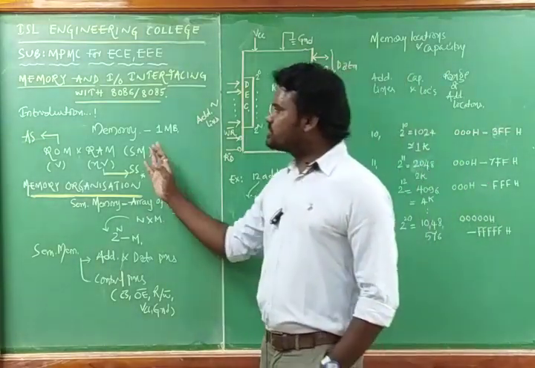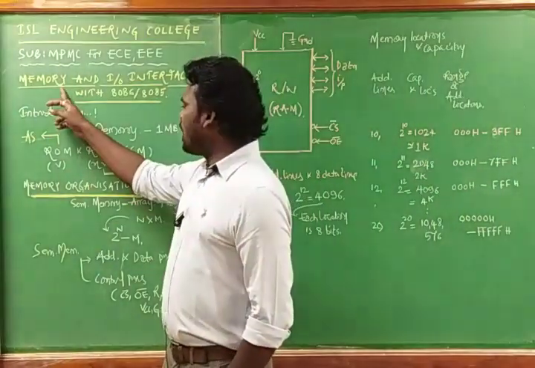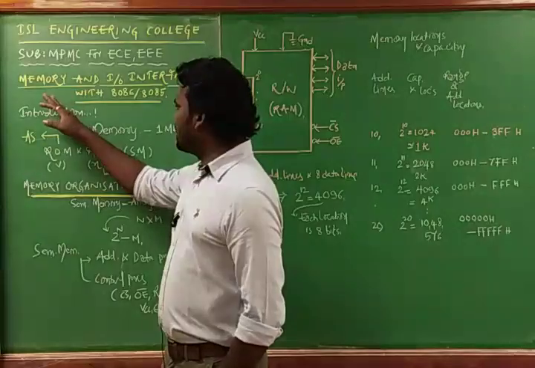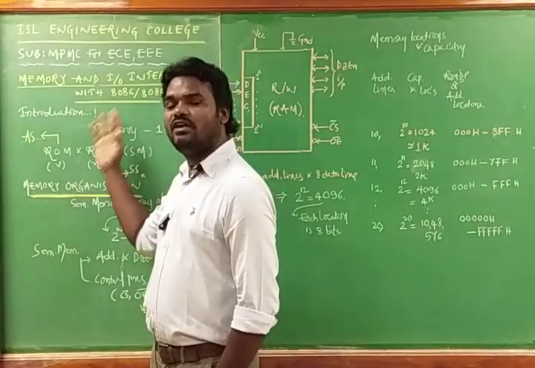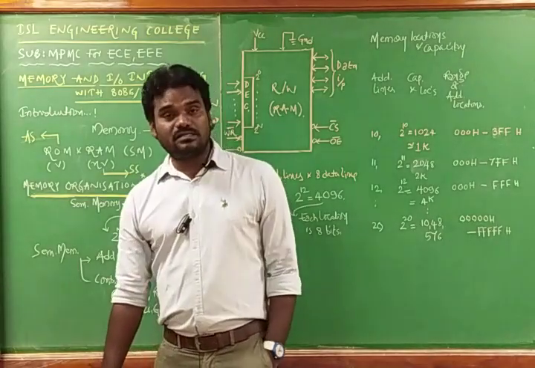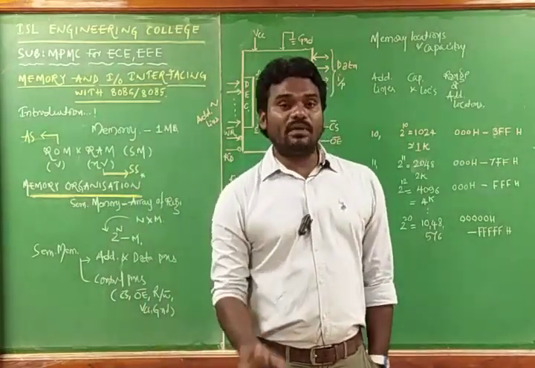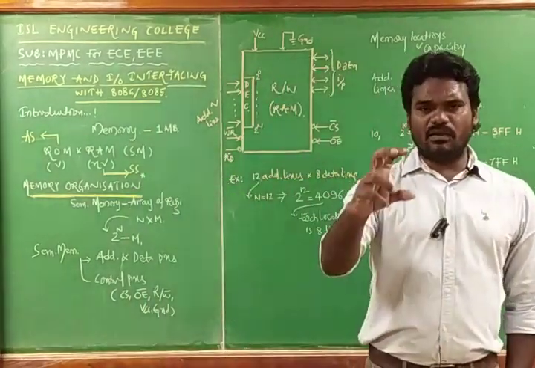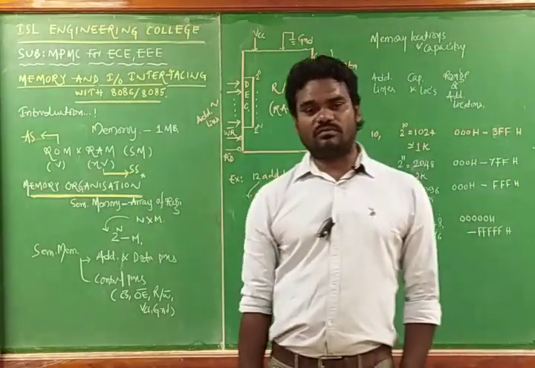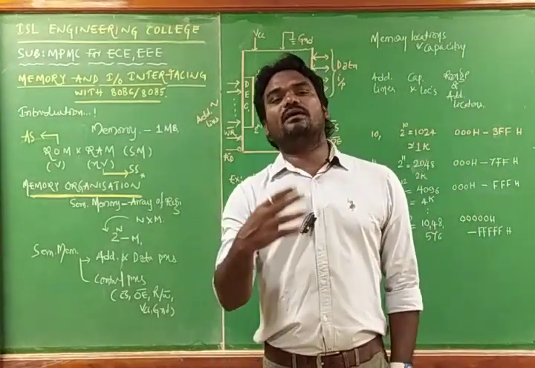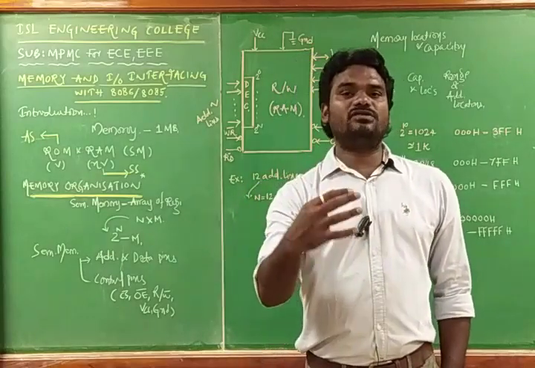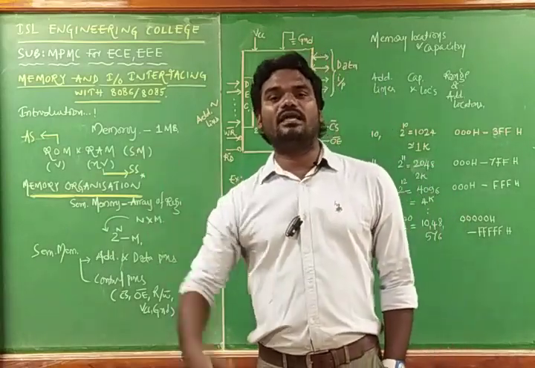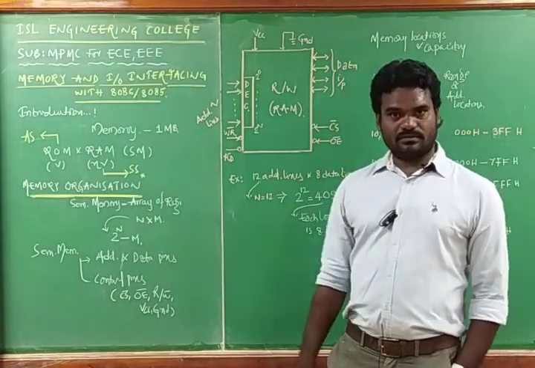Before studying how the 1 megabyte of memory can be interfaced with the 8086 and 8085 microprocessors, we must understand the memory organization. The basic memory organization we should know first. If you are good at the basic memory organization, then you can apply the same knowledge to understand the 1 megabyte of memory.